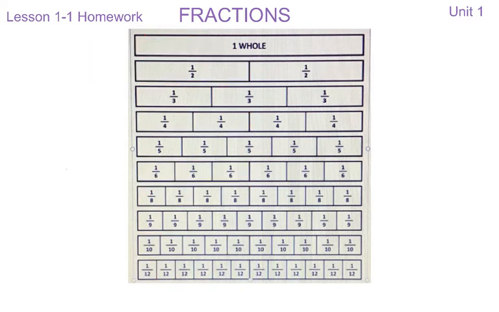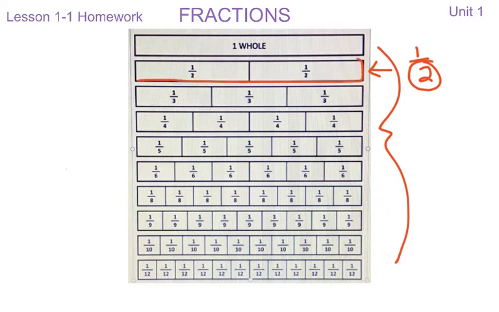So when we look at any of these fractions, the denominator of the fraction is the number of equal parts in that bar. So if we took 1/2, the denominator here tells us how many parts this fraction bar is broken up into. And we can see that the denominator is 2, and this fraction bar is broken into 2 parts.